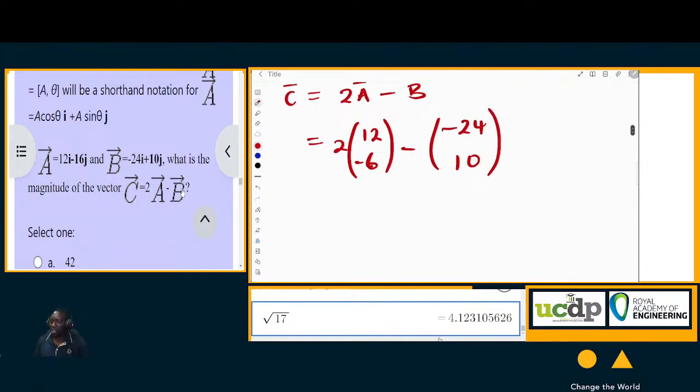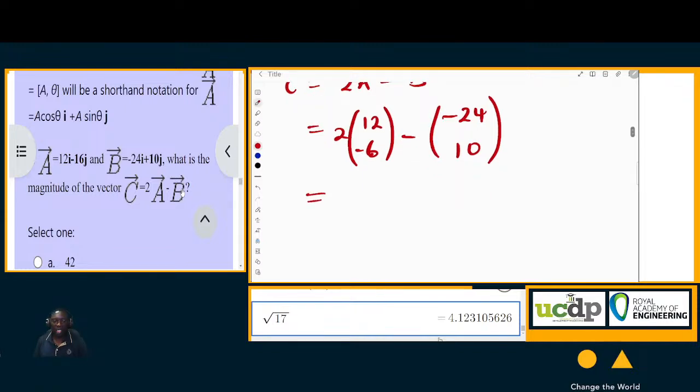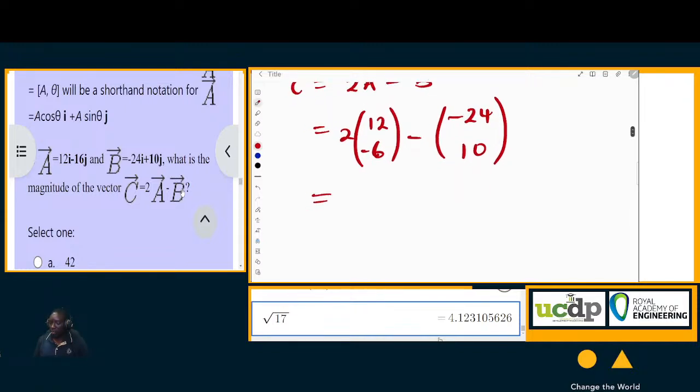I've put the x component at the top and the y component at the bottom, or the i at the top and the j at the bottom. That gives me such a matrix. Multiplying by 2, we get 24 and minus 32, and this is subtracted with minus 24 and 10.